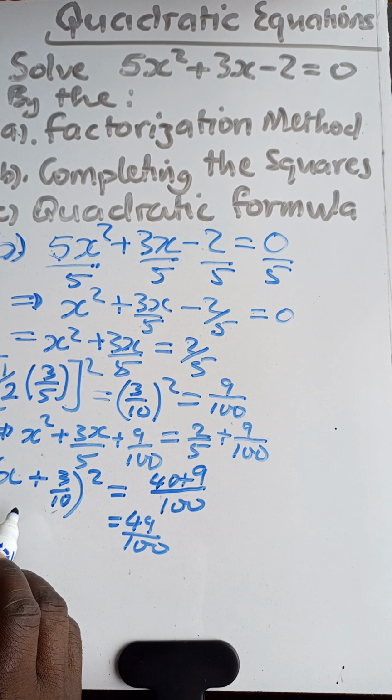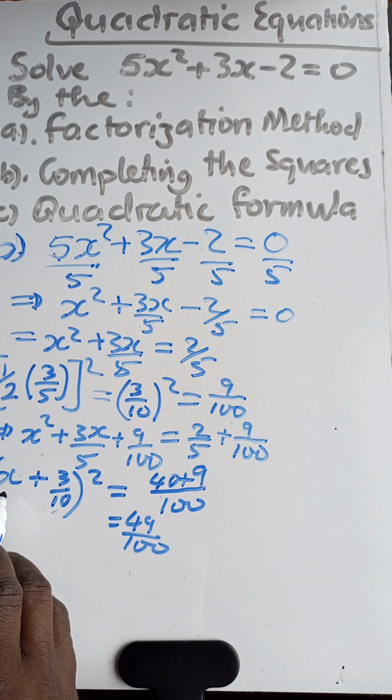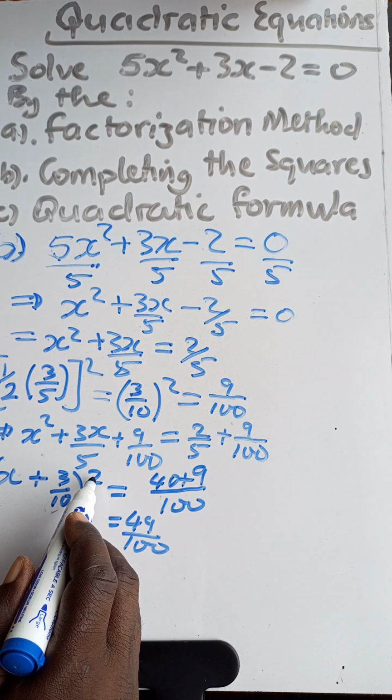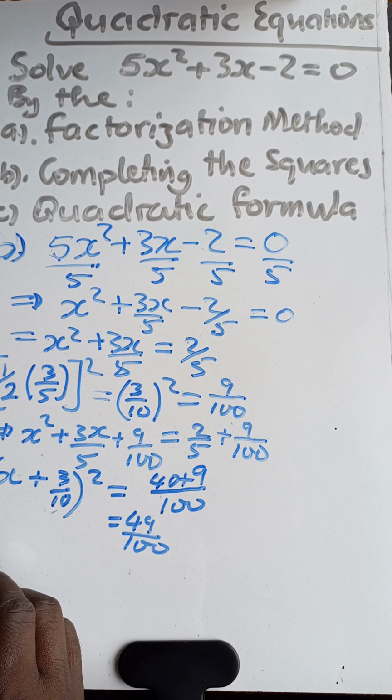So pay attention, we are solving for x. To remove this square, we take the square root of both sides.